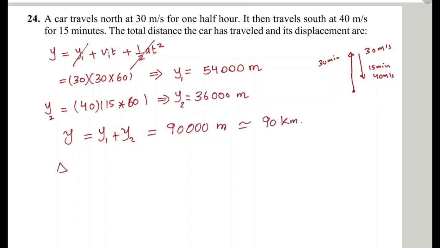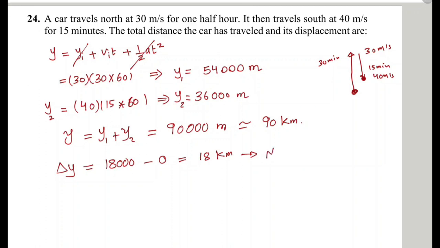Now delta y in this case is equal to 18,000 minus 0, because it moves here 54, then back 36, so the new position is 18,000 and the initial position is 0, so it's equal to 18 kilometers, and directed north.